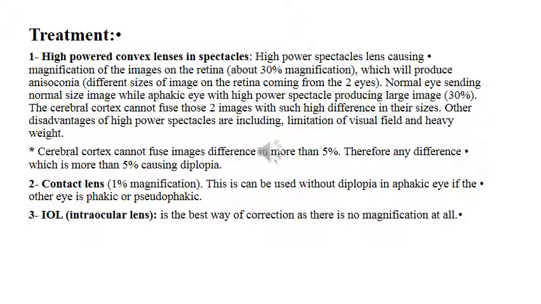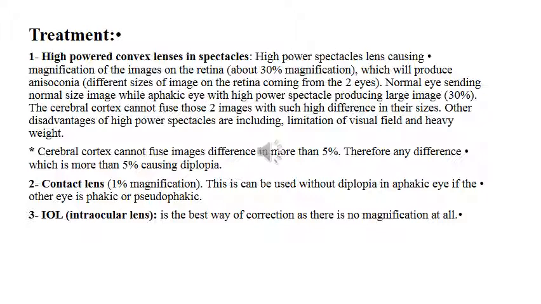The images from the two eyes now will not fuse in the brain, and this will present as anisoconia, which is diplopia. So patients with bilateral aphakia, we can correct them with high power convex lenses as a spectacle. But in unilateral aphakia, we can never use spectacles because of this anisoconia.